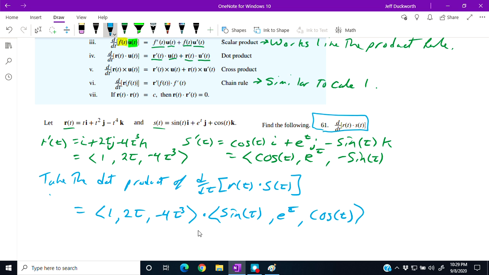And this is going to be plus that second bit, which is the first, and then dot the derivative of the second, so what we have above there.